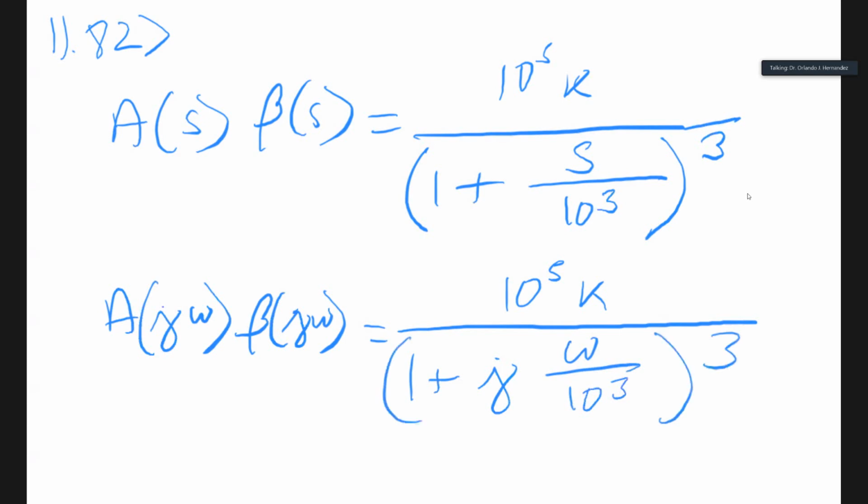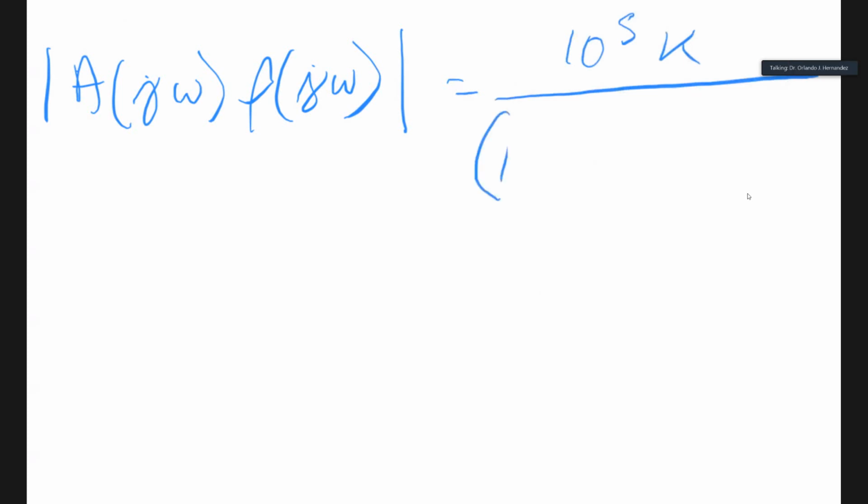Okay? And then taking first the magnitude. So now this is a complex expression, so I have to take the magnitude of that. Let's use some algebra there. So we have that the magnitude of A(jω)β(jω) is going to be 10 to the 5k divided by 1 plus ω squared.